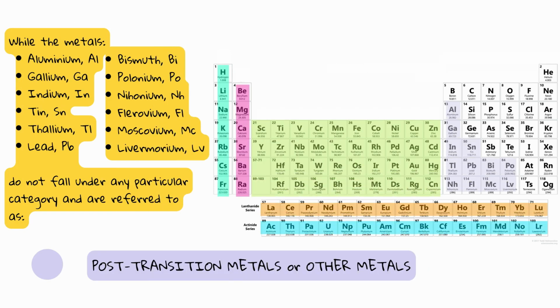Well, the metals aluminum, gallium, indium, tin, thallium, lead, bismuth, polonium, nihonium, flerovium, moscovium, and livermorium do not fall under any particular category and are referred to as post-transition metals or other metals.